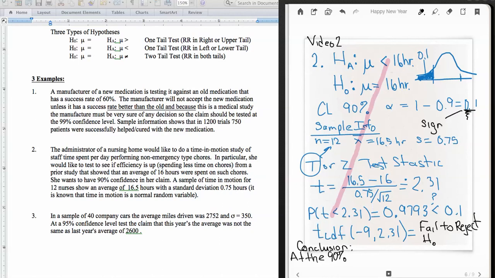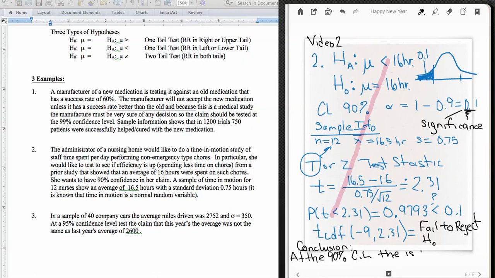An alpha is a significance level, and this significance level is 10%. If I wanted to state it that way, I could as well. So at the 90% confidence level, and then I state that there's not enough evidence because we failed to reject.